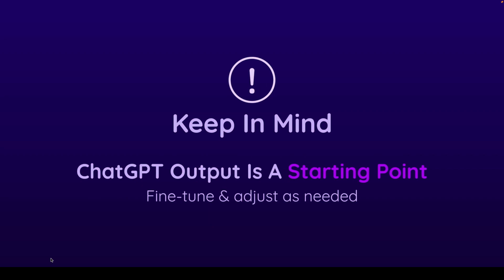The output you get from ChatGPT can contain errors, and it can also be written in a very generic way. So you should therefore always evaluate the output, improve it, and add your own personal touch to it.